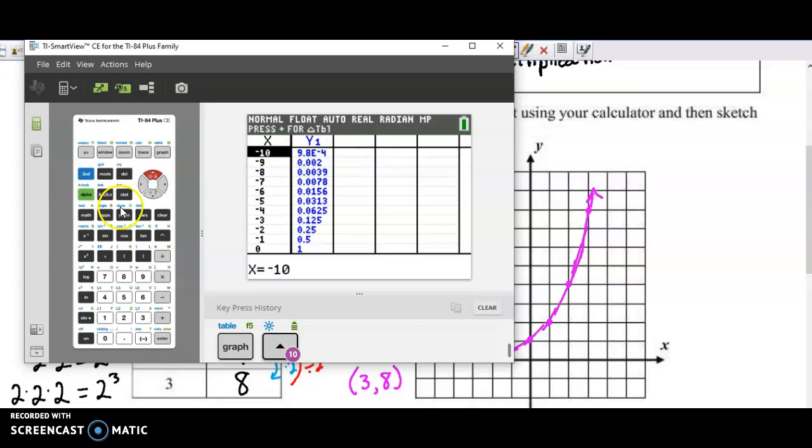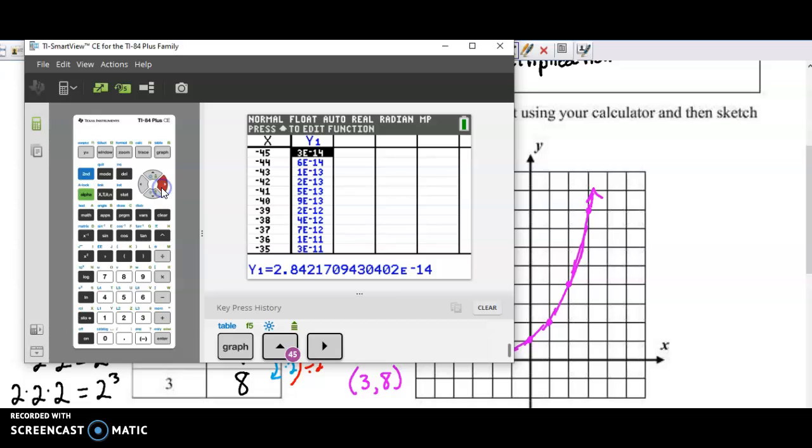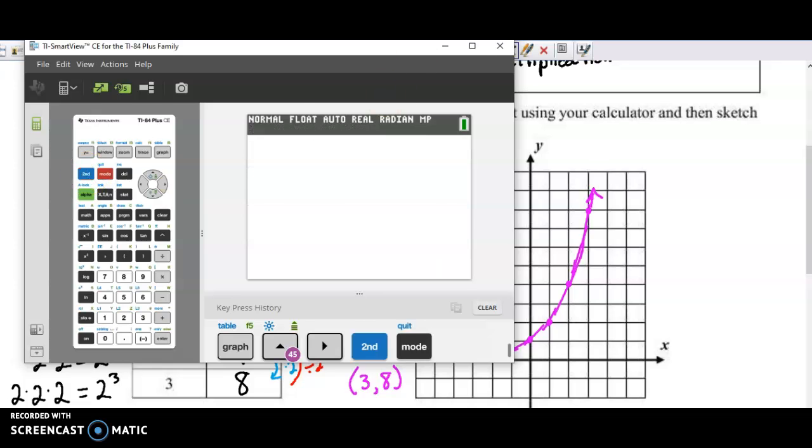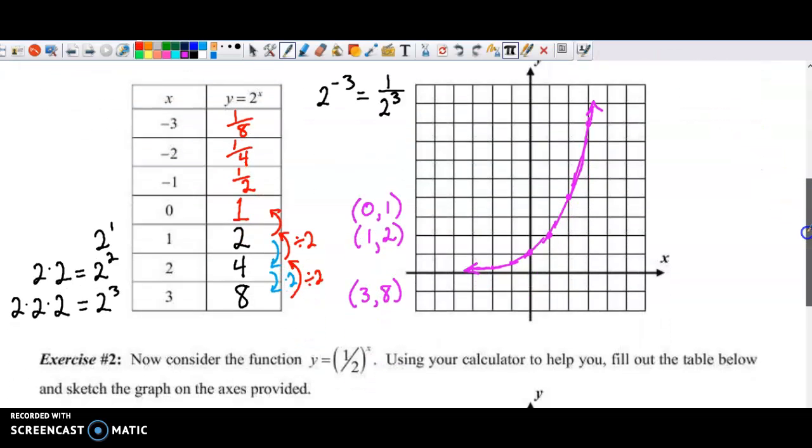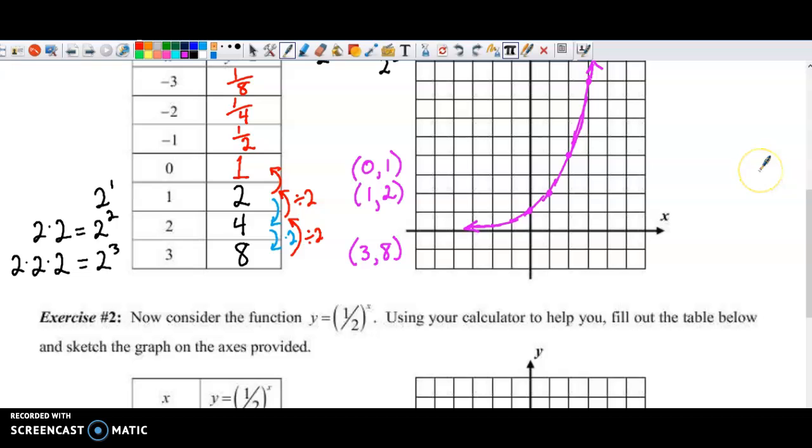And eventually we switch over to scientific notation, and eventually the calculator will probably say that that answer is just 0. I guess not, it's scientific notation. 2.8 times 10 to the negative 14th power is very close to 0. So it does not cross the x-axis.